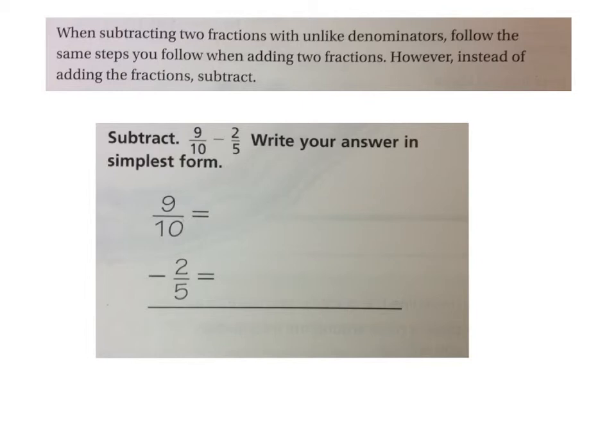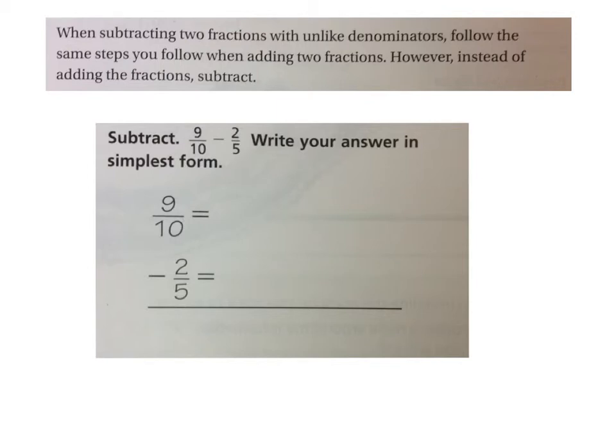Are those numbers the same? No. So are we ready to subtract? No. Can I say 9 minus 2 is 7 and 10 minus 5 is 5? No, that would not be correct. So what do we need to do? We need to find the least common denominator. What is the least common denominator of these two fractions? 10. I agree with you.